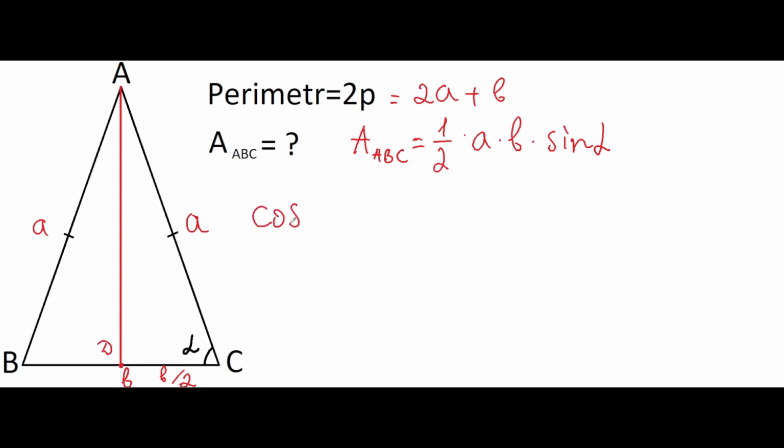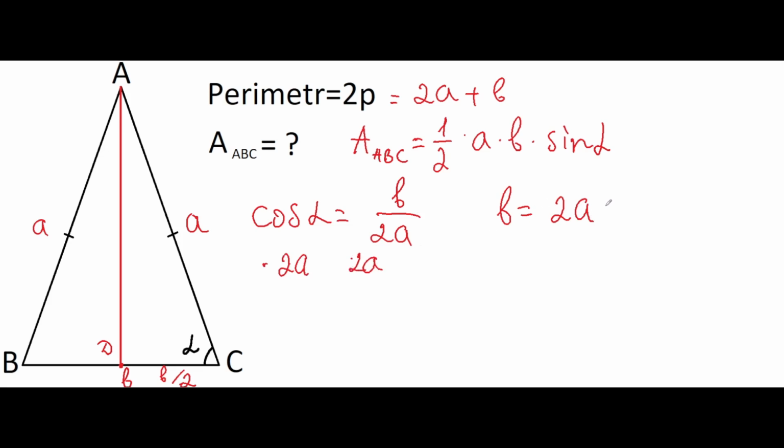Here cosine alpha will be equal to B/2 over A, that is B/2A. Here we can find B will be equal to 2A cosine alpha, if we multiply both sides by 2A.